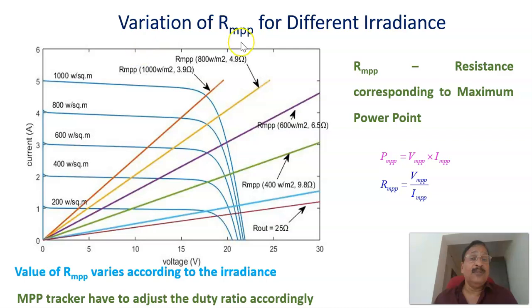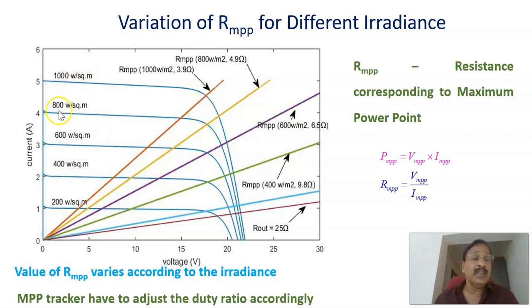Now let us see the variation of this resistance RMPP for different irradiance. For example, for 1000 watts per meter square, this is the IV characteristics, and from the origin to the knee point a straight line is drawn. This is the resistance at this point, and that resistance is RMPP corresponding to 1000 watts per meter square.